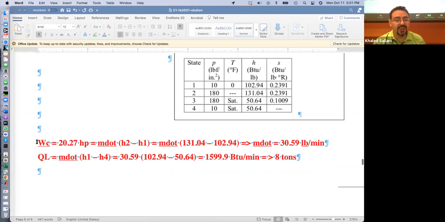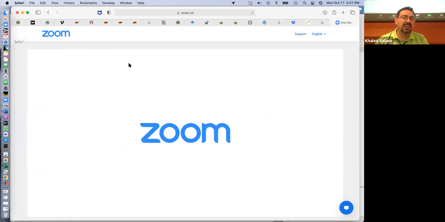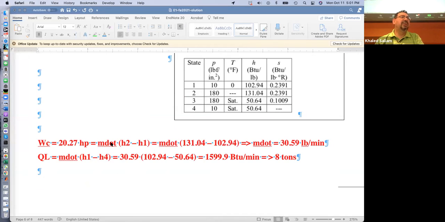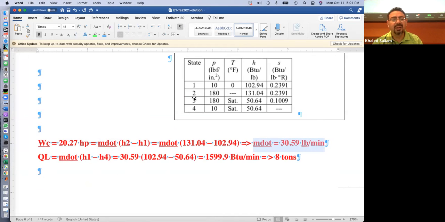So here is the first part. Of course, what's not nice about this problem is conversion, but that's okay. You can always Google what is horsepower to BTU per minute, or horsepower to ton, and you will get the conversion. But this horsepower is M dot delta H, and from that you get M dot.